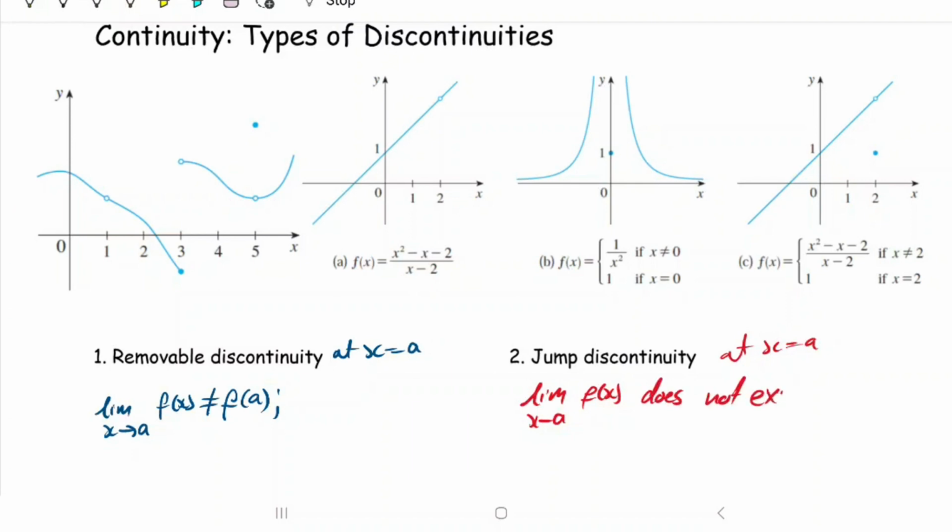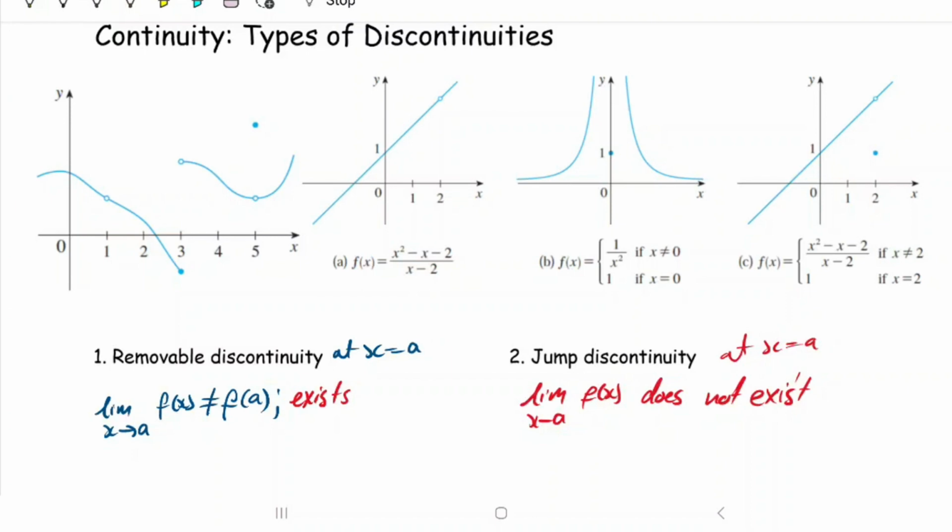Wherever you have this particular limit not existing, that's when you'll have a jump discontinuity. Remember here, for a removable discontinuity the limit has to exist. Once the limit exists, but the limit is not equal to the function at a, then we say that we've got a removable discontinuity. So those are the two types of discontinuities.